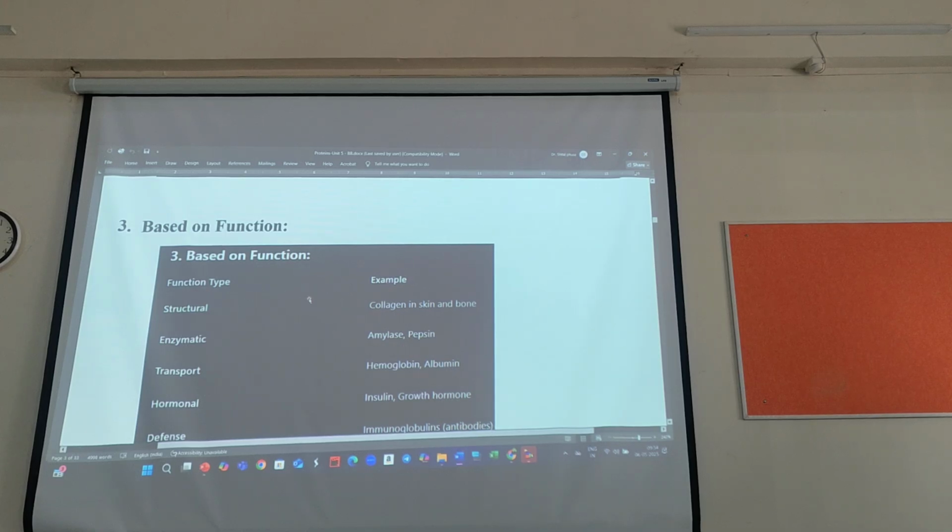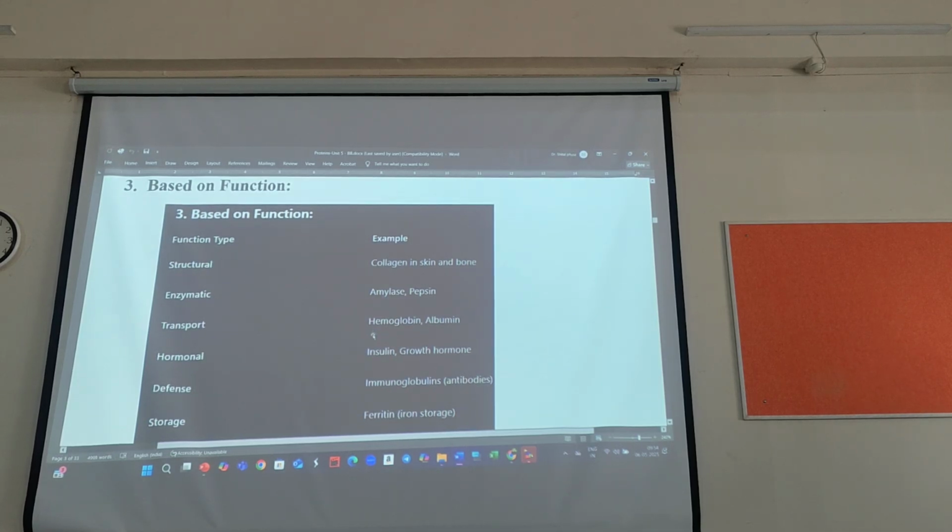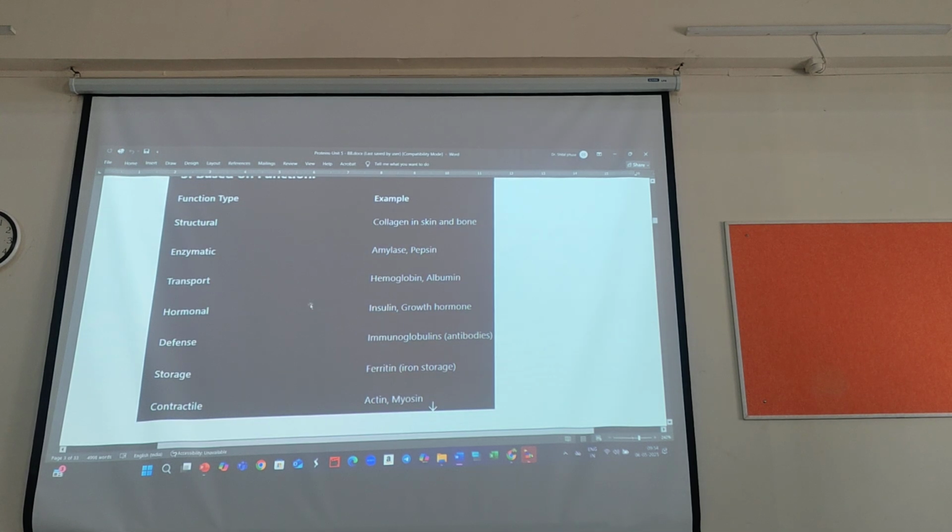Then transportation. Protein acts as a transporter, for example hemoglobin and albumin. Hemoglobin transports oxygen in the blood. Then hormonal. Proteins also act as hormones, those are insulin and growth hormone. Then protein again acts as defense molecules, those are immunoglobulins, antibodies.